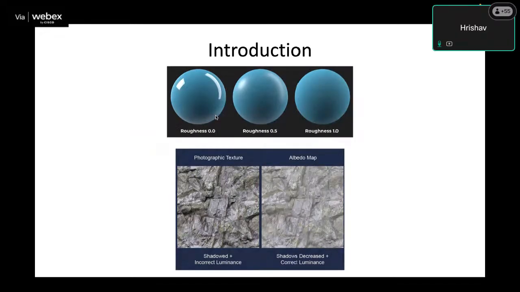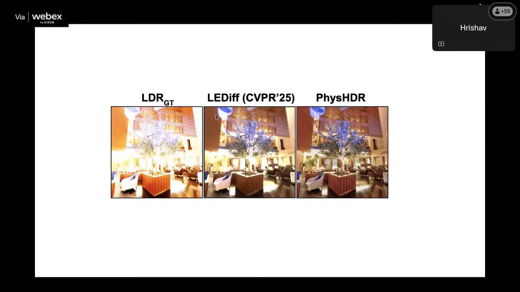So to this end, we have actually created a model inspired by this physics of lighting and shadow, which is a very recent work that we have done and is under review. So we have this ground truth LDR image on the left-hand side, and in the middle there is a reconstructed image from CVPR25, a method from CVPR25 using a diffusion model.